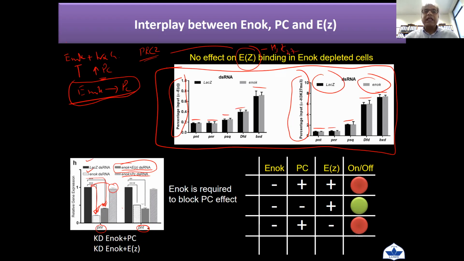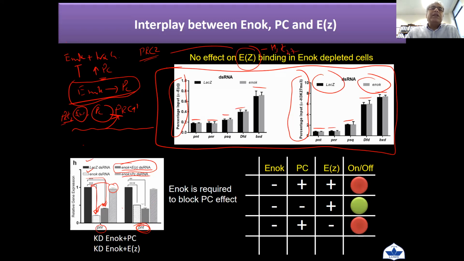The same is the case for another locus, which means that E(z) is here like a PRC2 member. This is a PRC1 member. It means Enoch is somehow having its effect on a PRC1 component.